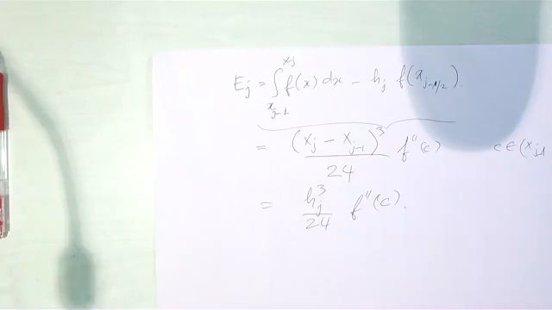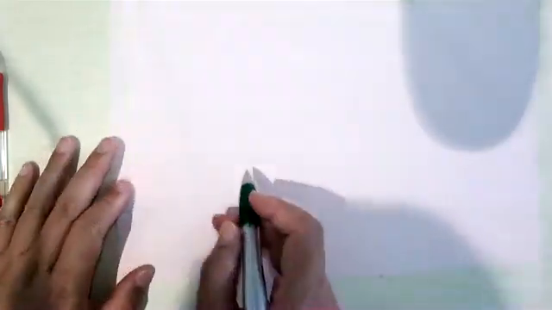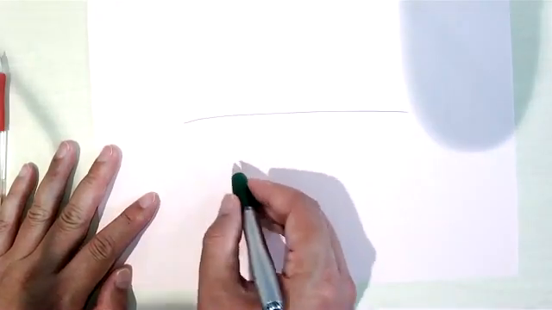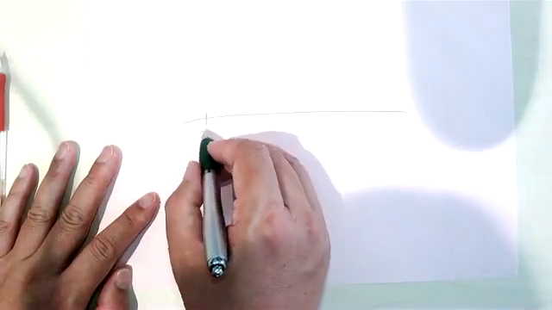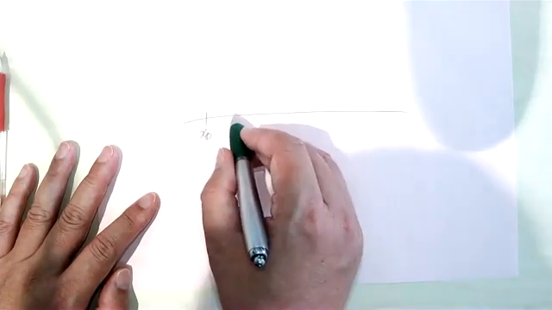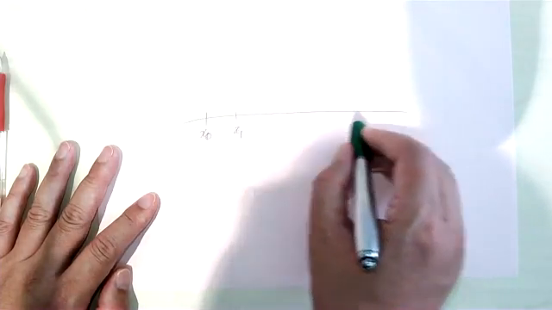Now, similarly, you can do the composite trapezoidal rule. You have x0, x1, up to xn.